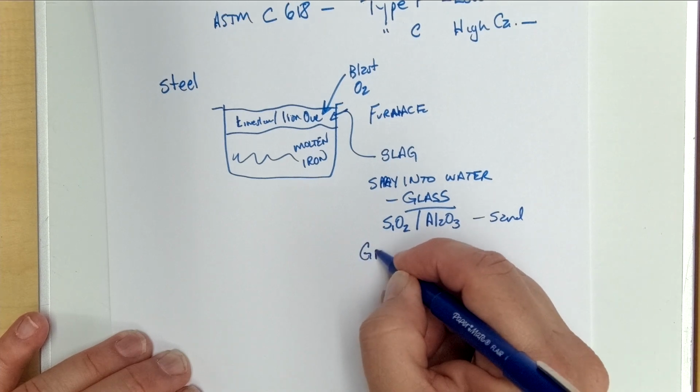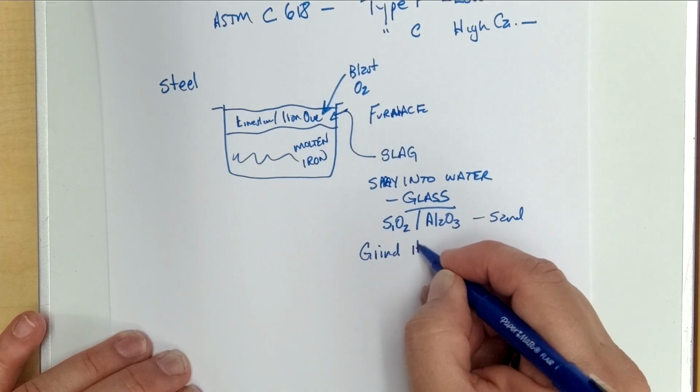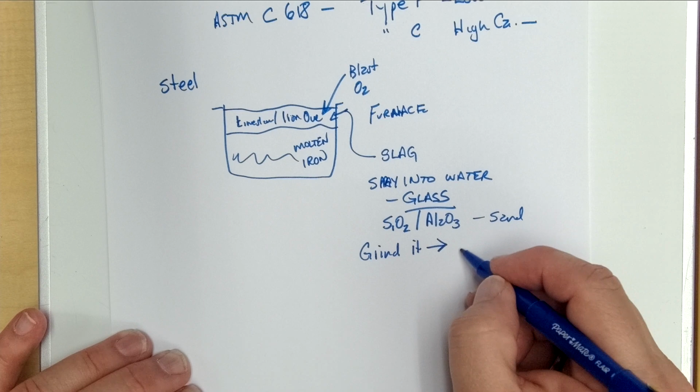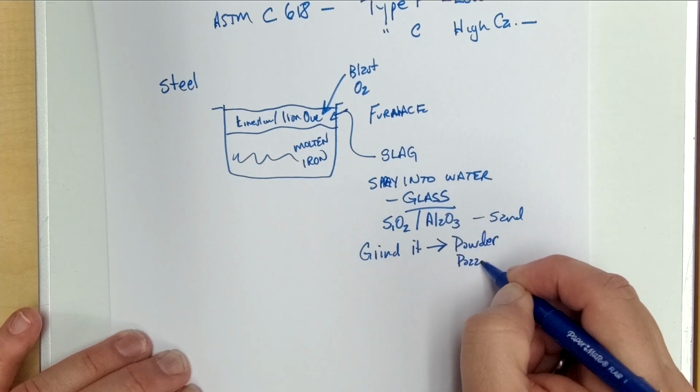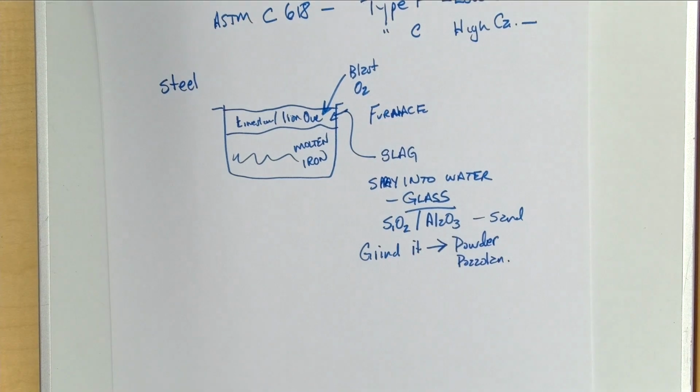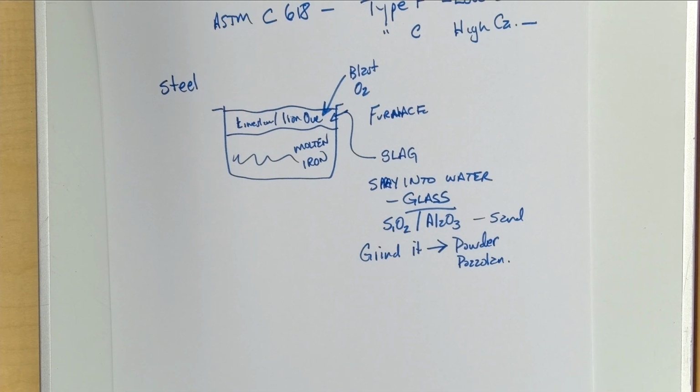Then we grind it, and we get a powder that is a pozzolan, just like fly ash. Now it has some problems. Because it's ground, it's not spheres. So adding slag may or may not help you with your water reduction. But it definitely will act as a pozzolan. It will take calcium hydroxide and water, combine with them, give us more glue. Hooray, right? And we use a fair bit of slag.